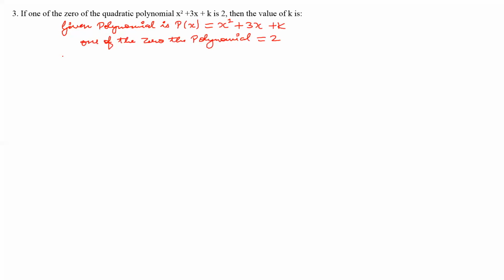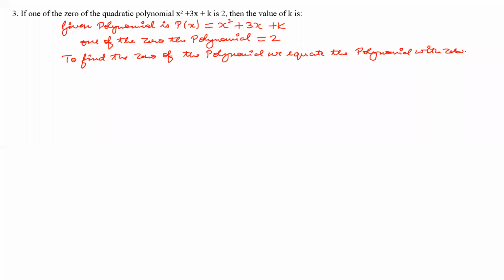So to find the zero of the polynomial, what we do, we equate the polynomial with 0.